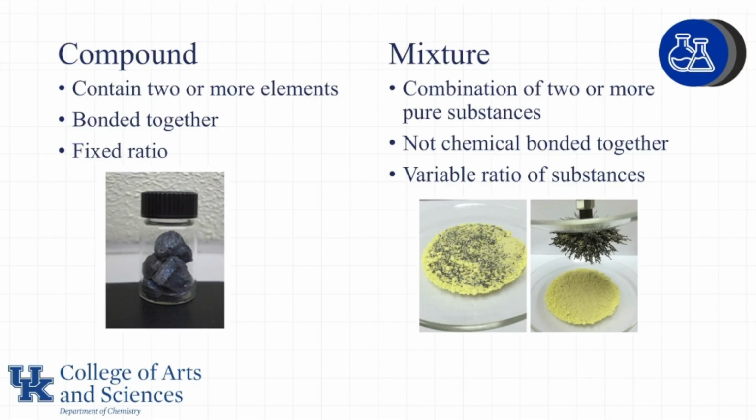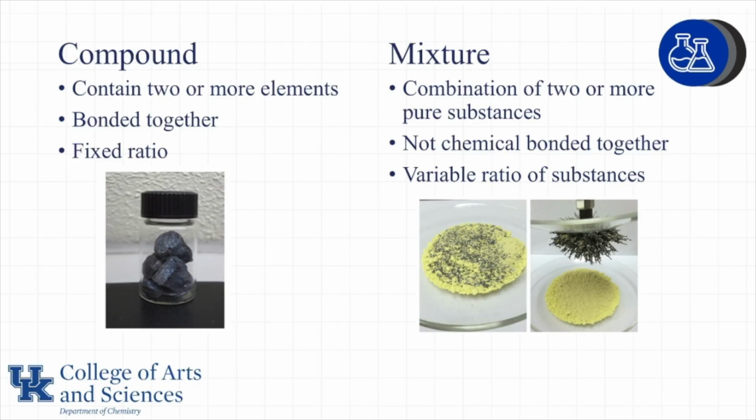So just a reminder, compounds contain two or more elements bonded together in a fixed ratio, while a mixture is a combination of two or more pure substances that are not chemically bonded together, and they can have a variable ratio of substances. The example you see here is sulfur powder with iron shavings in it. And we could have any combination of those two amounts, and it would still be a mixture.